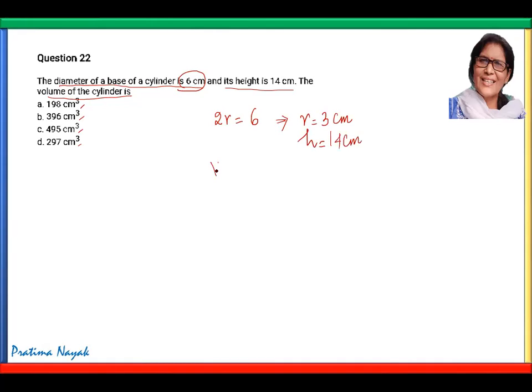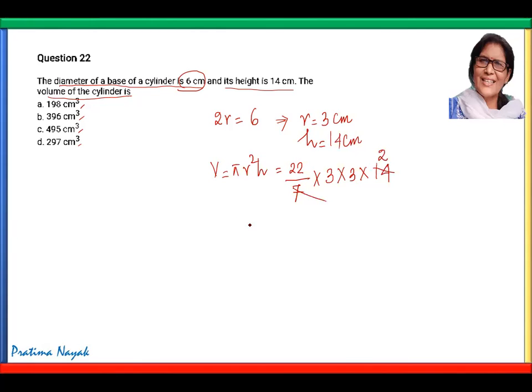So what is volume? Volume is equal to pi r square h. Just now we recapitulated. So this will be 22 by 7, pi is 22 by 7 approximately. R square means I will multiply r 2 times, and h is 14. So you know 7 you can make lowest by 2.